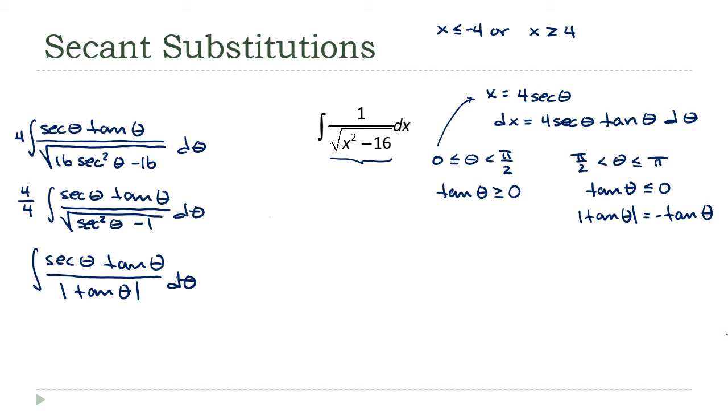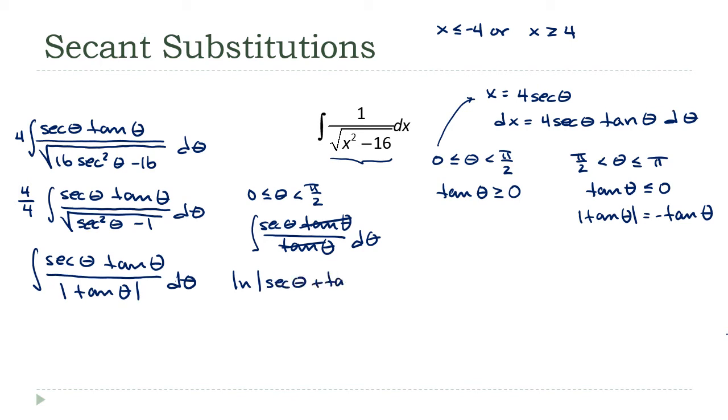So if we're doing values of theta between 0 and pi over 2, then this integral is just the integral of secant theta tangent theta over tangent theta d theta. The tangents cancel. This is the integral of secant theta, and we had that on the last slide. This is the log of the absolute value of the secant of theta plus the tangent of theta plus a constant.